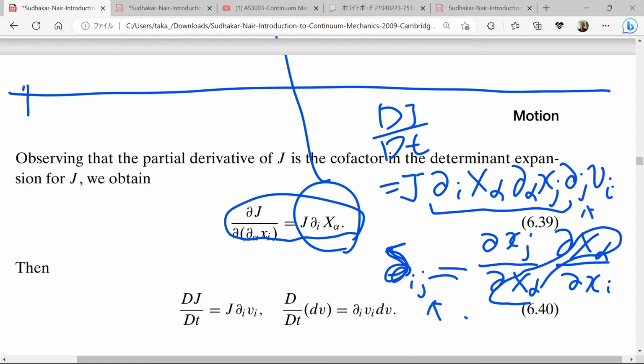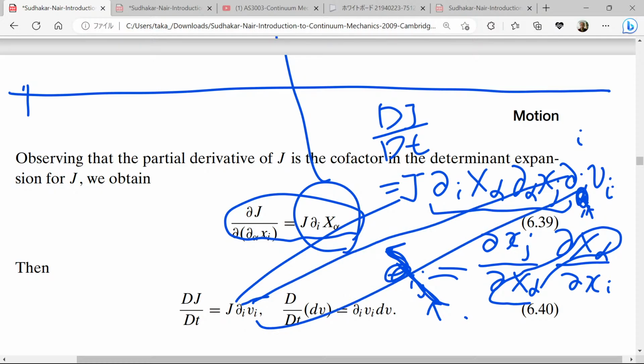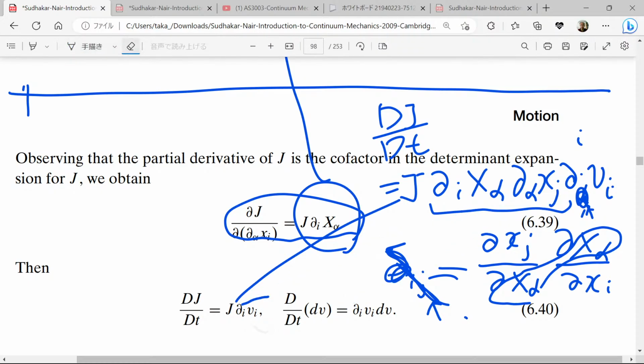If j hits i, this becomes 1. So delta just changes this j to i. So finally we have j here, partial i here, then vi. Finally we have this.